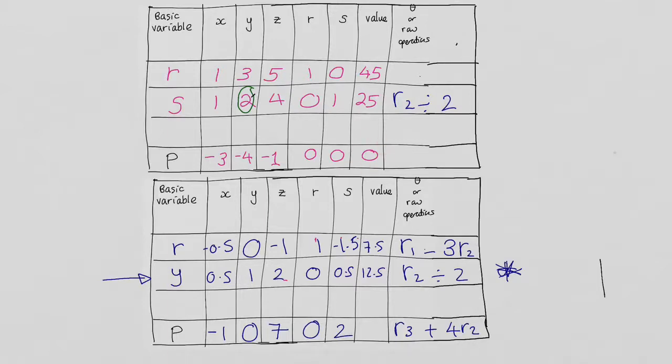And I've got 0 plus 4 lots of 12.5. So I've got 50 there.